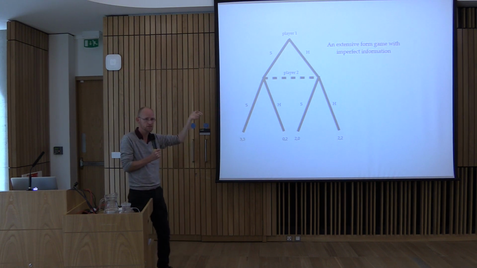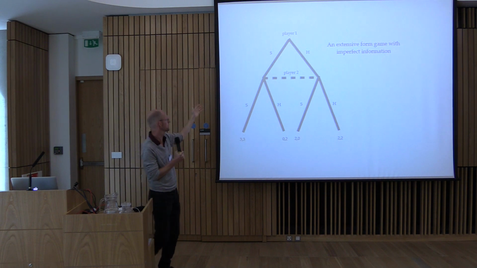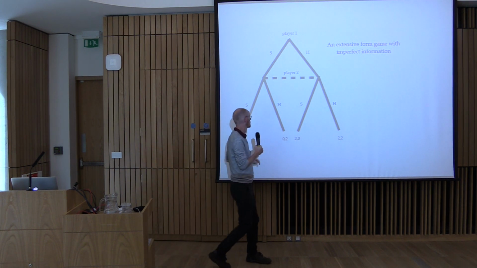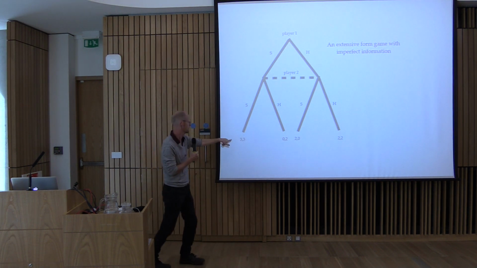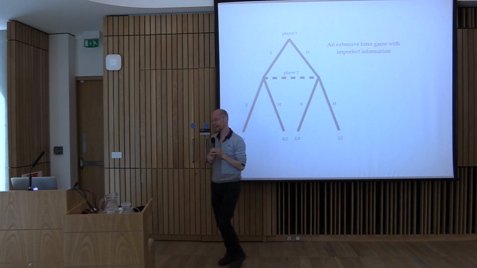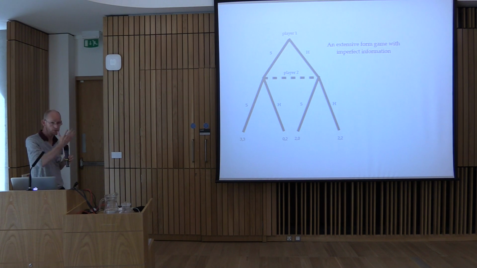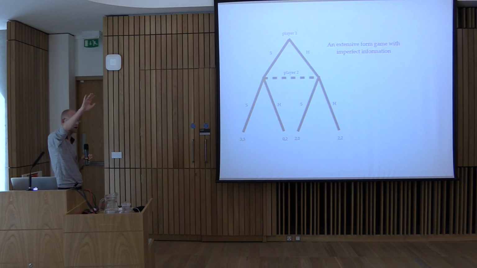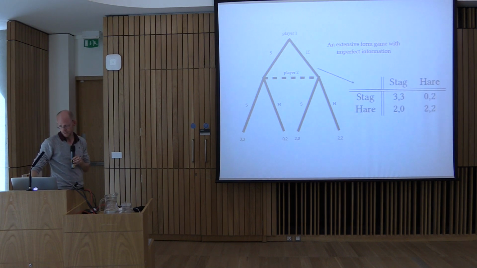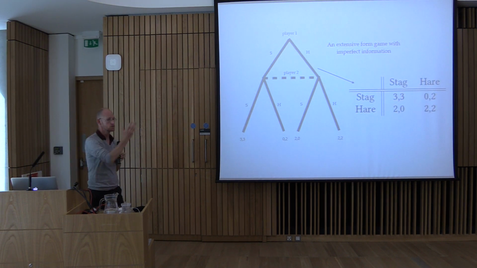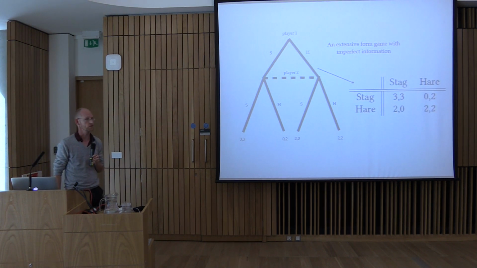He cannot make his decision depend on what the first player did. So he just plays stag or hare, and then you get these utilities. If you have this type of game, an extensive form game with imperfect information, where player 2 doesn't see what the first player has chosen, it comes down to the strategic game that we have looked at before.